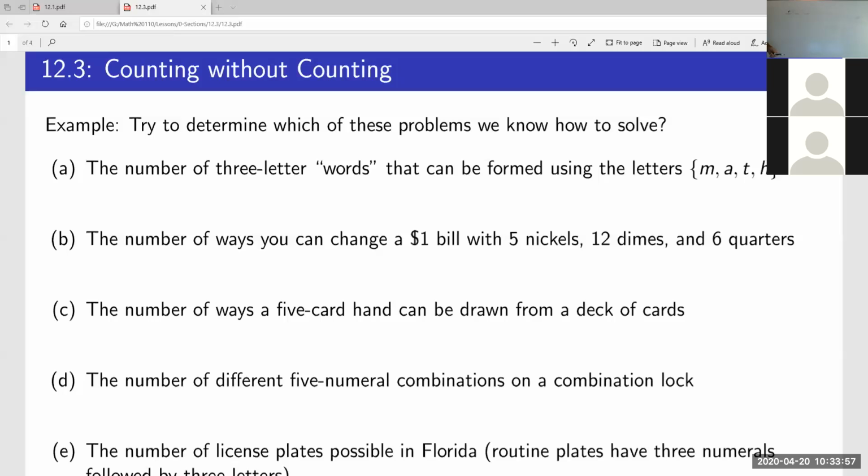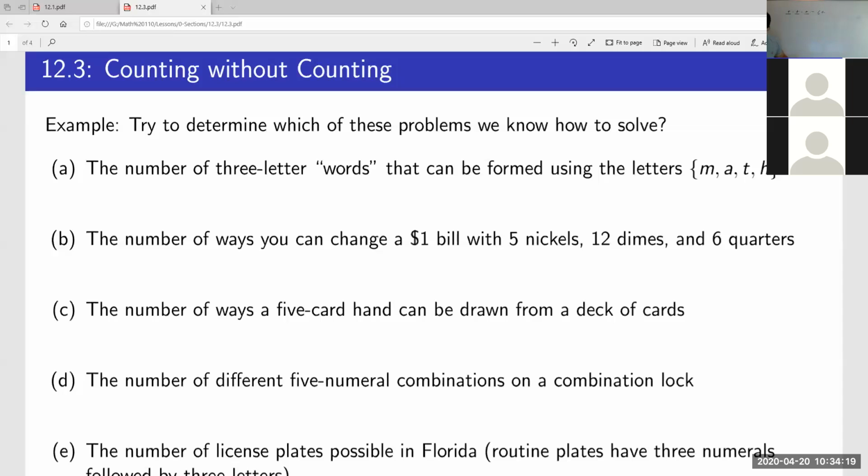So 4, 4, and what about the last one? 4. Yeah. So in all cases, 4 times 4 times 4, which is 64.